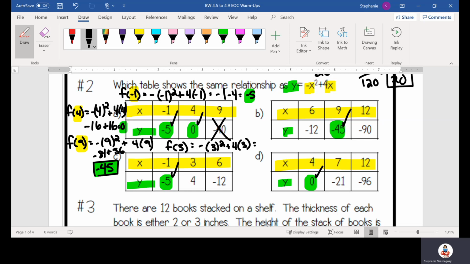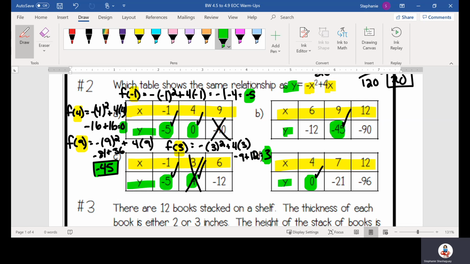Negative 9 plus 12 is 3. So when my input is 3, my output is 3. Sorry about the mistake, guys. C is not an option.